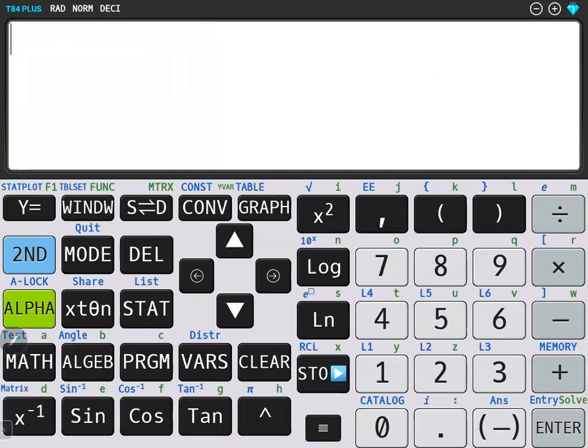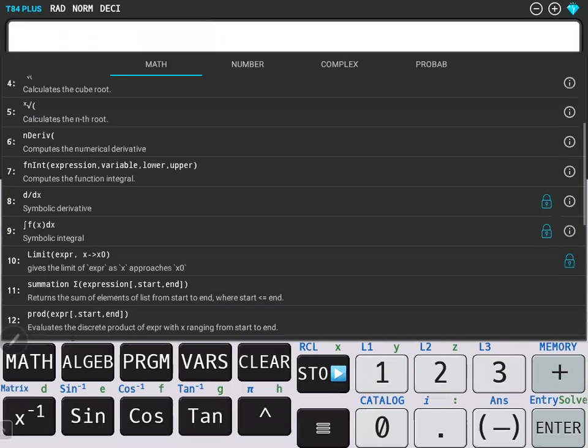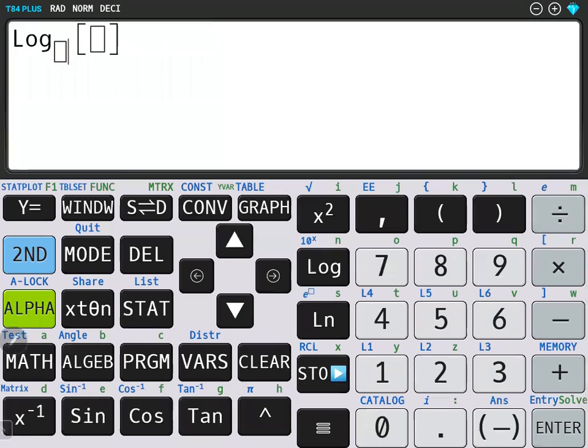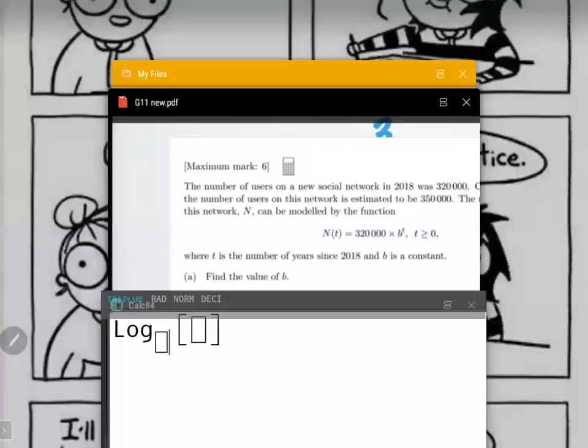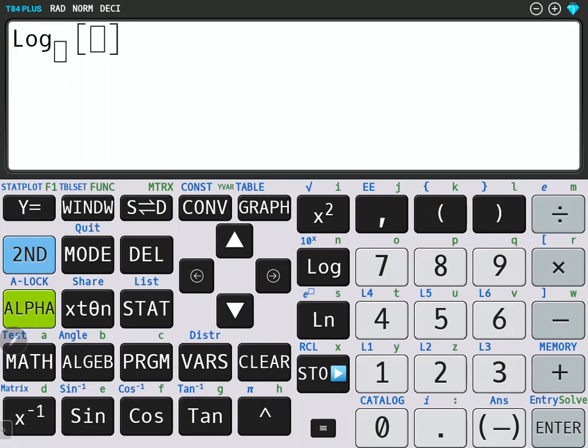Now we will write all these things on our calculator. Okay, clear the screen. And then, first of all, we will click math and then find the log base. Okay, and then we need to write the correct numbers. If you forget the numbers, you can turn back to the question and remember them.